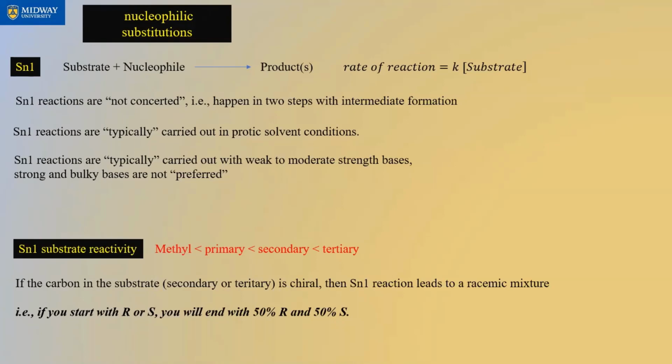That is, if you start with an R, you'll end with 50% R and 50% S. And the reason I put this point at the very end is that the SN1 reaction involves the formation of a carbocation, which directly relates to the intermediate formation step. That is, the intermediate in this case is the carbocation. I'll show that in the next step.